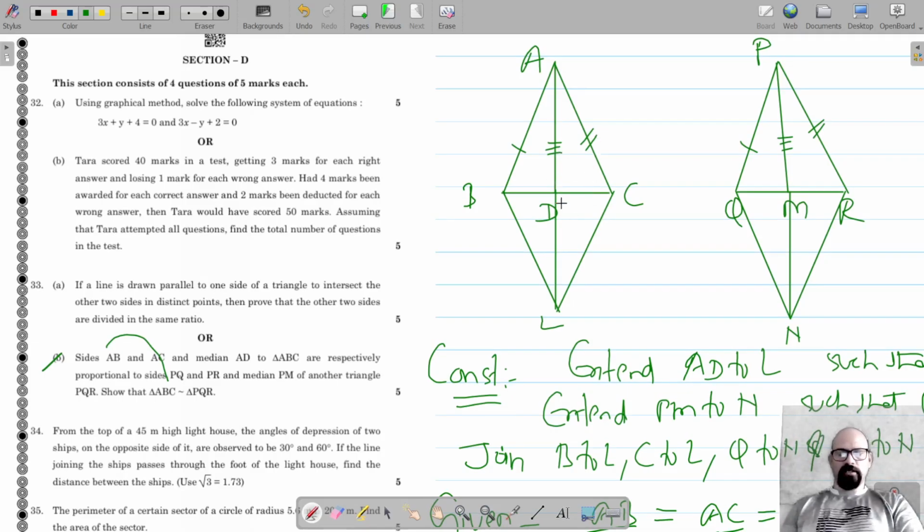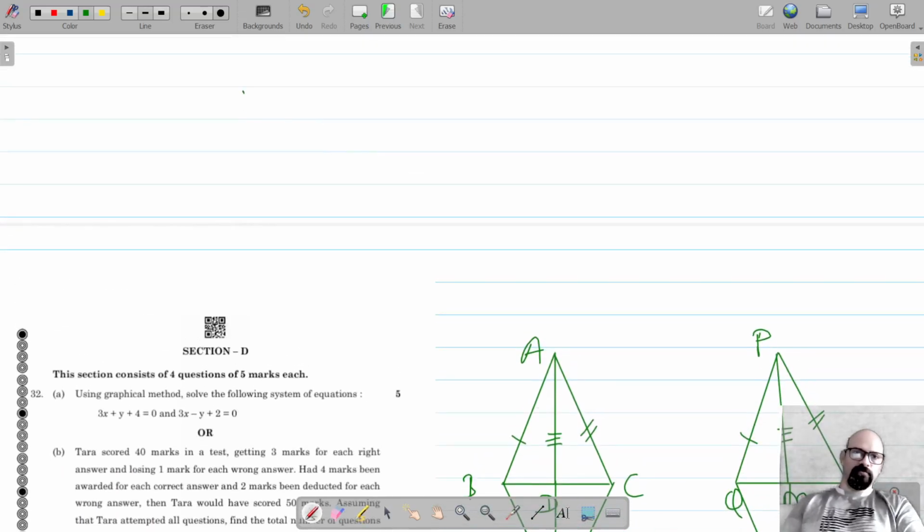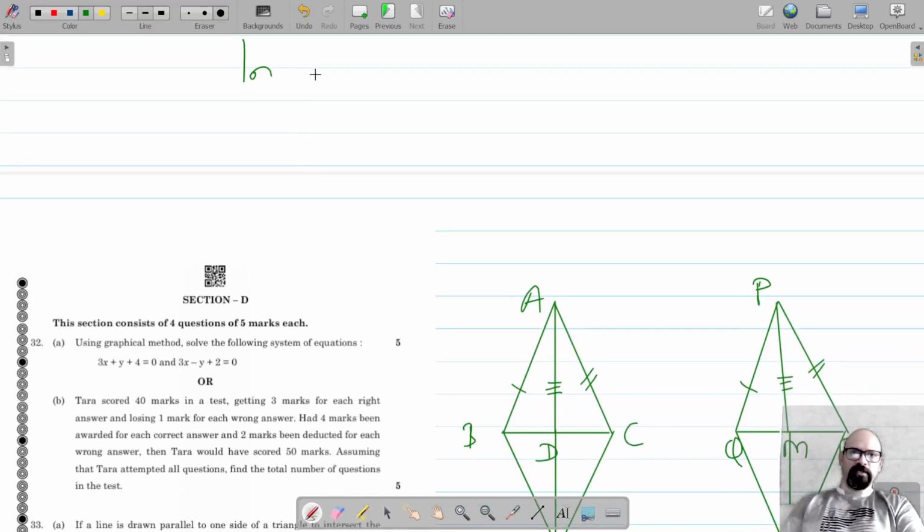Now, in quadrilateral ABCL, if I look closely, AD is equal to DB, and this is by construction.